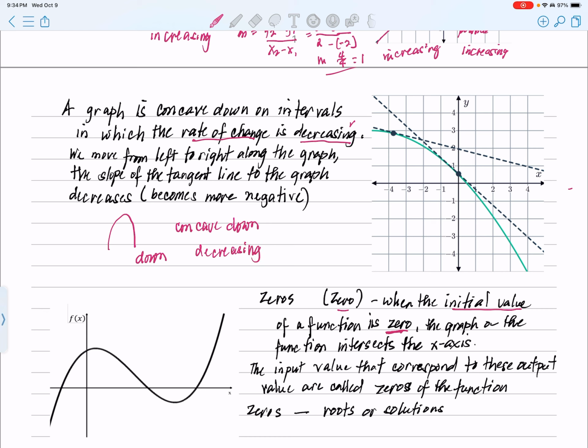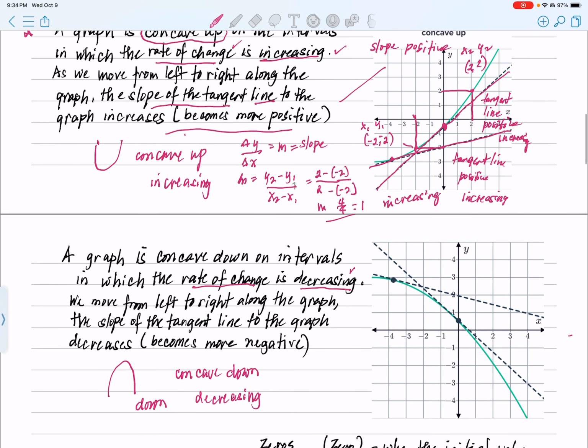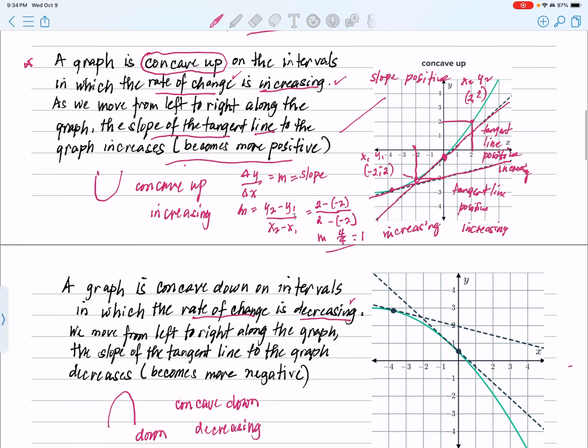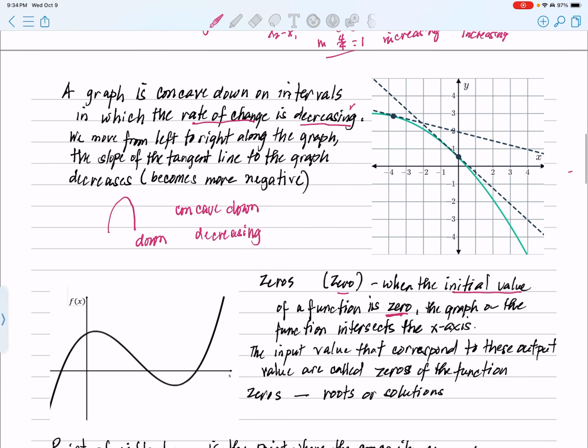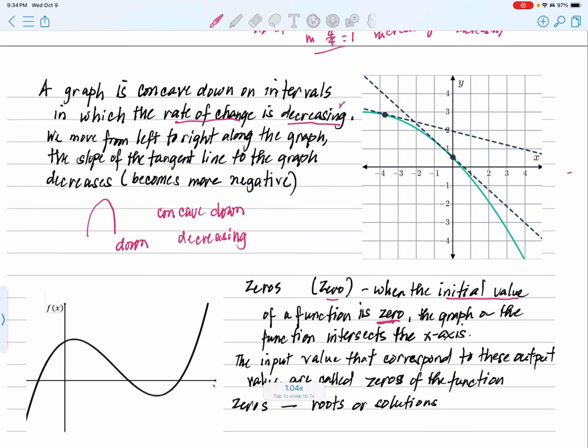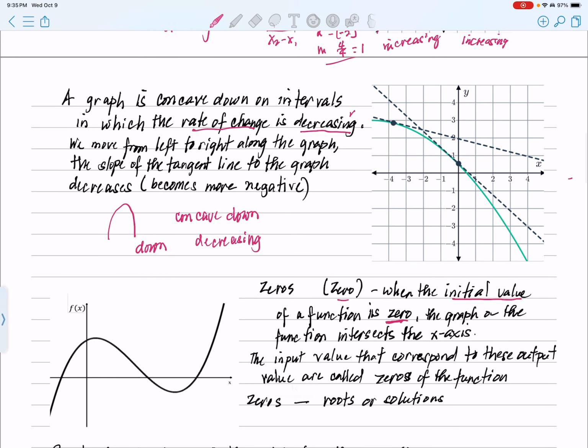Okay. Let's look at what's the difference between concave up right here and concave down. Let's use the tangent by knowing if it is increasing or decreasing.